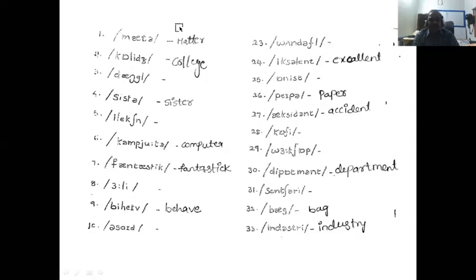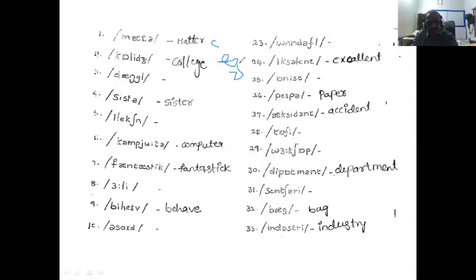So in this, first, there is a symbol, m. This symbol stands for a sound. What about this sound? If you remember vowel sounds, it is a vowel sound. We have seen it. A sound, and what next?